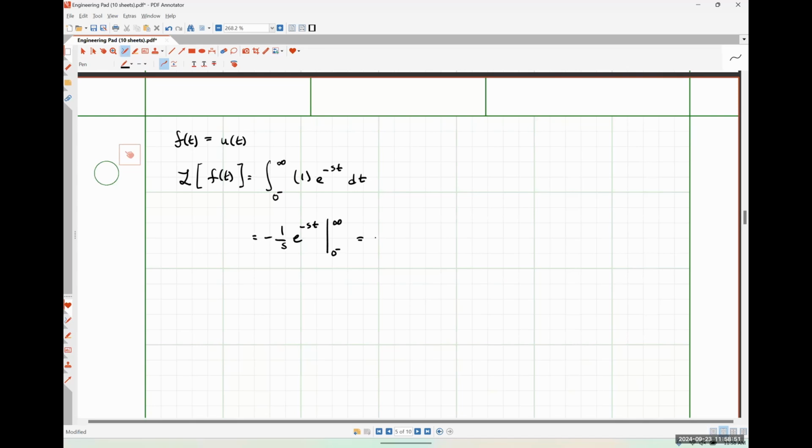So that's going to look like negative 1 over s. E to the negative st at infinity gives me a 0. E to the negative st at 0 minus gives me a 1. And so this just looks like 1 over s. So the Laplace transform of the unit step function is just 1 over s.